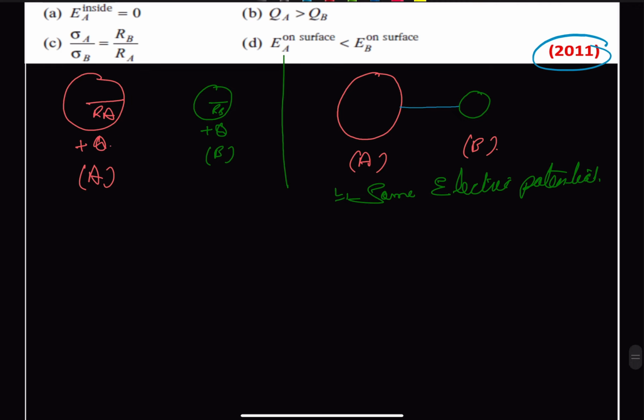So we can write the potential on A. For the conducting shell, which is our A, we can write its potential VA will be equal to 1 upon 4 pi epsilon naught. Let us suppose the charge is given as QA.